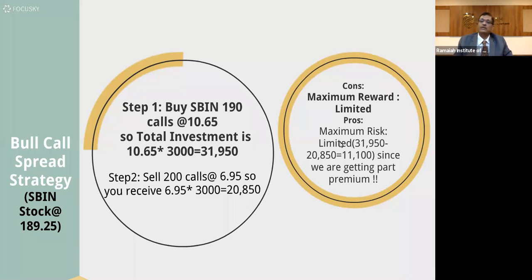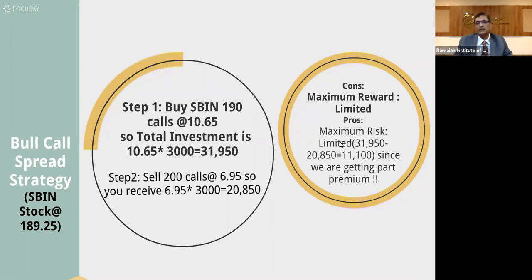Which means that at the same rate, I could buy my call at 200 and sell in the market. So the difference is 200 minus 190 minus 10.65, into 3,000. So the maximum reward is limited. It's not unlimited as per the long call strategy.